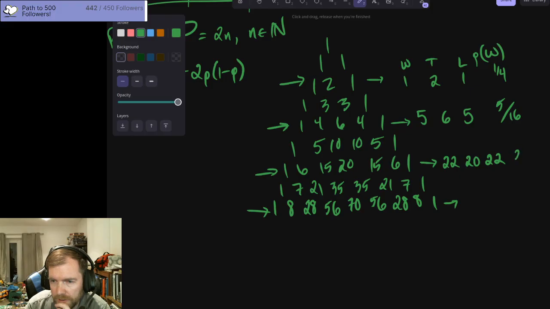Probability of winning, again, is going to be 22 out of, and we'll just leave it as the total number here. That's 64? Yeah. I like powers of 2 in the denominator. Let's not simplify. Let's just leave it as is. But 22 out of 64 is... Let's see, 1/4 is 16 out of 64, so it's actually a significant improvement.